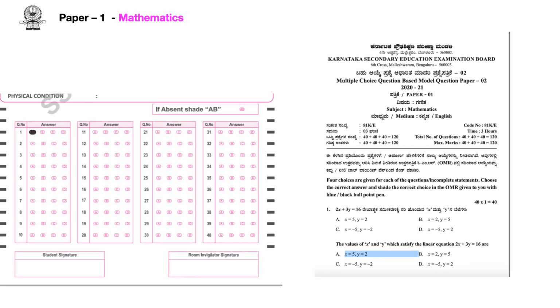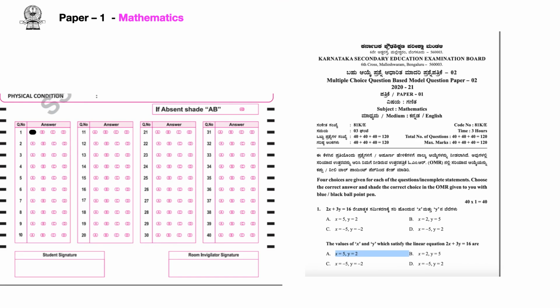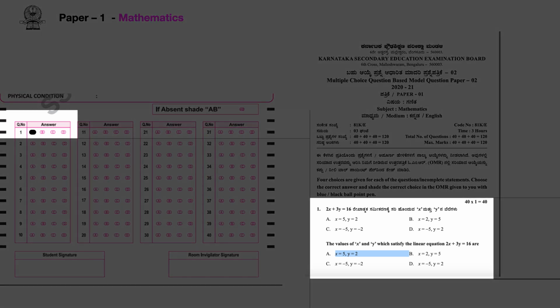Let's take an example over here, right? For mathematics first question, where we have question 1 which says the value of x and y which satisfy the linear equation 2x plus 3y is equal to 16. Then you have option A, option B, option C and option D. While marking any answer, we need to make sure the question number here and the same answer number on the OMR sheet should match.